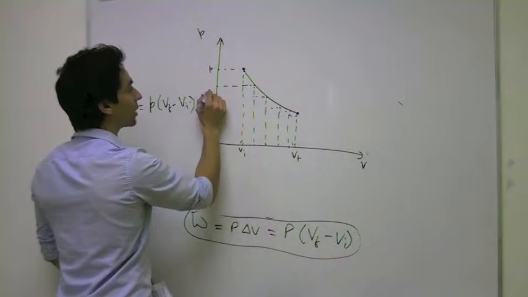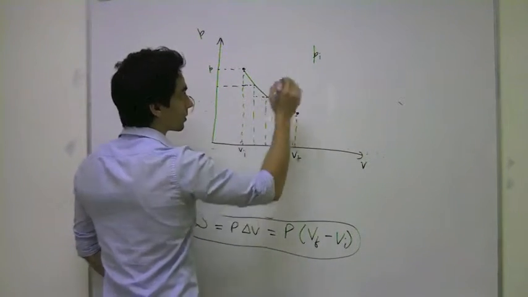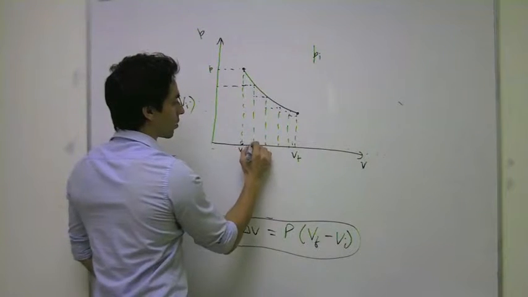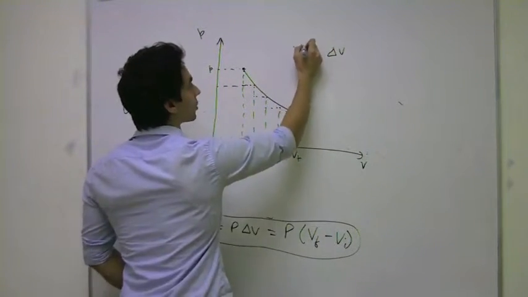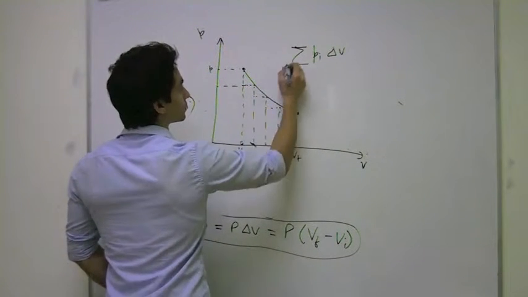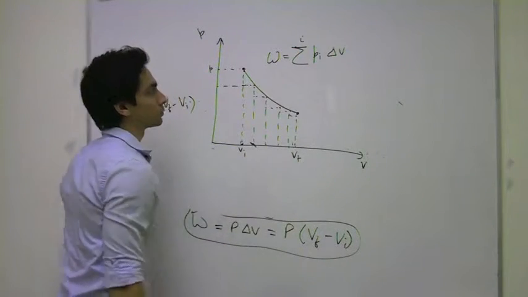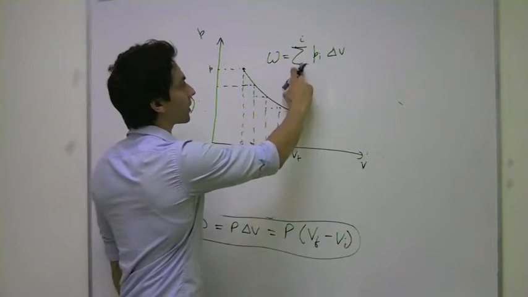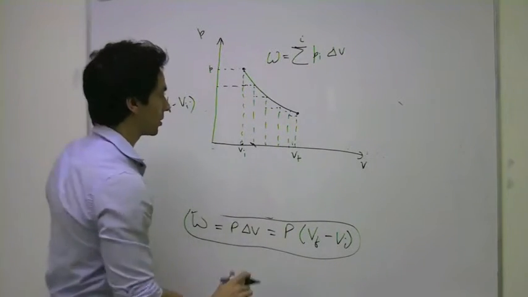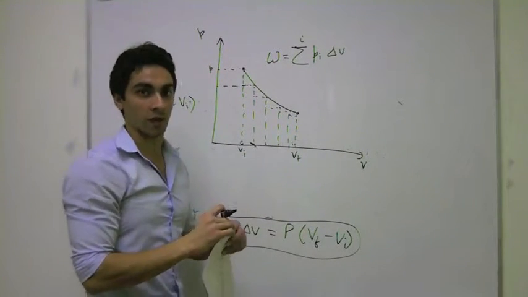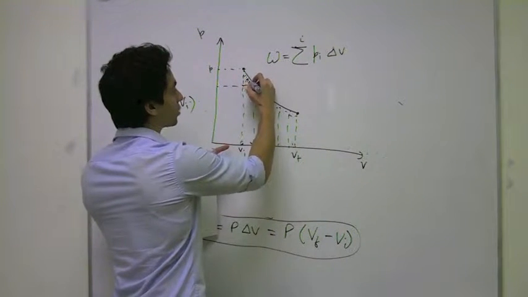At each rectangle, we have a particular Pi, multiplied by the small change in volume delta V, and we sum up all those parts, so we should get the work done. Again, the work done by the gas is the summation of the individual pressure multiplied by change in volumes.